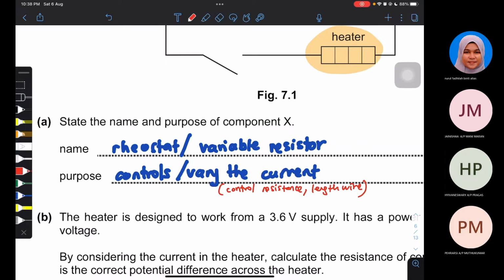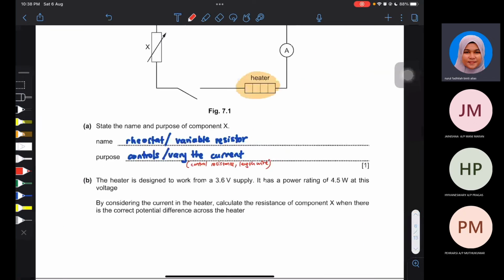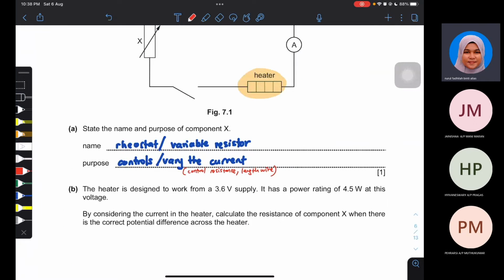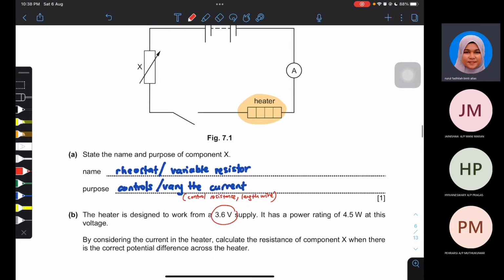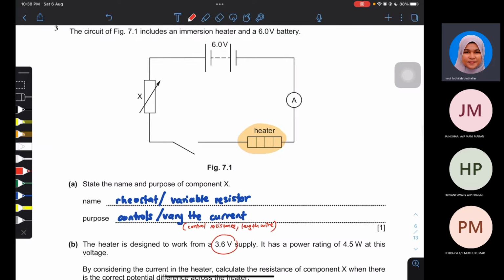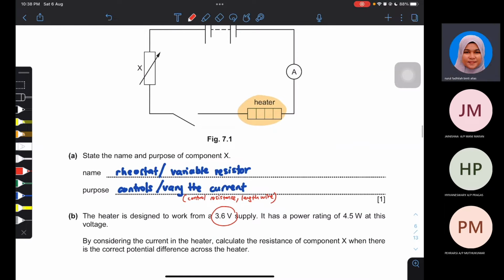Okay. B. The heater is designed to work from a 3.6 volt supply. Jadi dia boleh mula berfungsi. Kita ni boleh mula berfungsi from 3.6 volt. Now, it has a power rating 4.5 watts. Dia sendiri ada power rating 4.5 watts at this voltage.